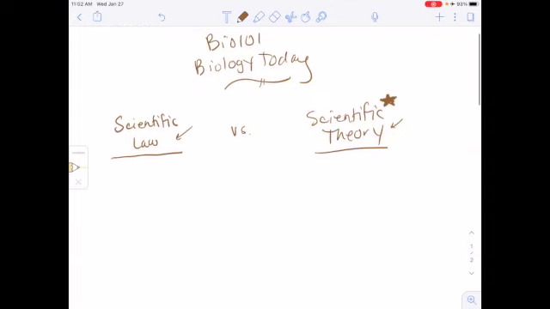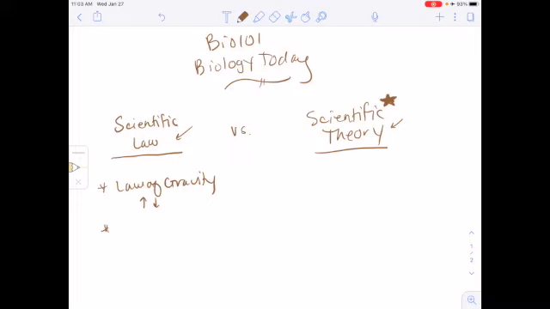If we were in person, I would have everybody brainstorm some stuff. Like, can you name some different scientific laws that you've heard about or had to study in the past? Usually one that comes up is the law of gravity, which states what goes up must come down.